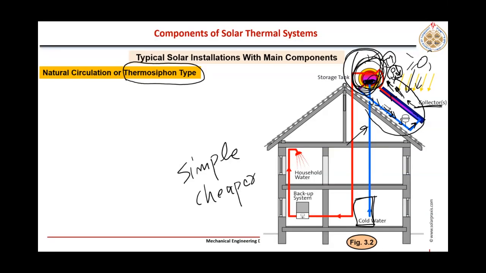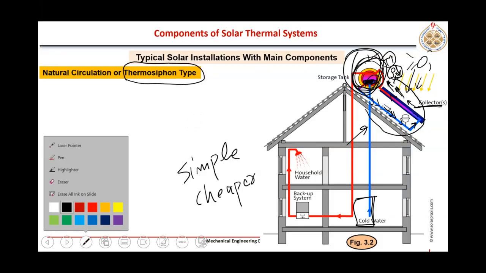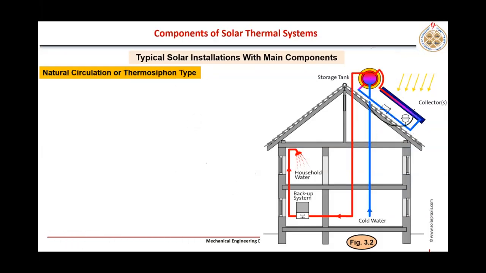Also, there is no controller required, because everything is by buoyancy or gravity, right? Every movement here is by density or gravity. There is no control over the circulation of the fluid in these systems, right?